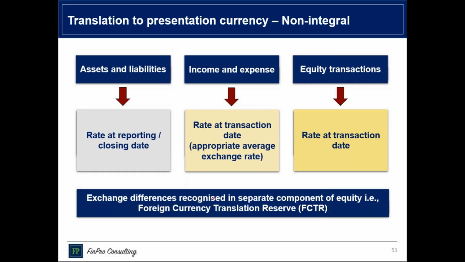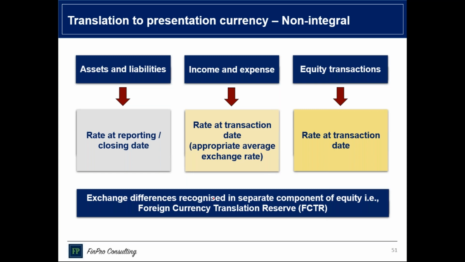Now we have a trial balance, let's say in USD, which is a tallied trial balance. However, when you apply these rates, in some cases we are applying the average exchange rate, in some cases the closing rate, in some cases the transaction date rates, etc. So when you convert a trial balance of USD into INR using all these methodologies, there will be some difference while calculating the total impact.